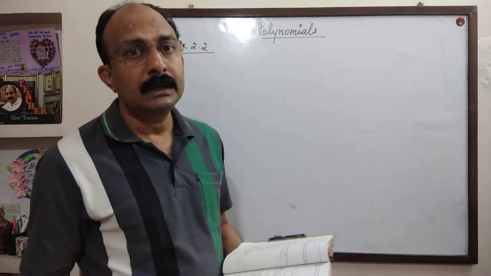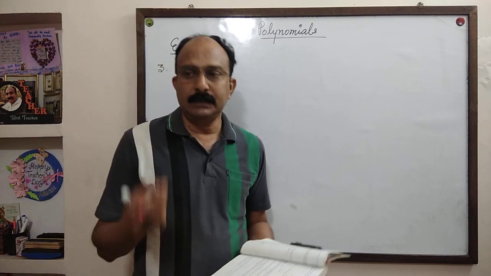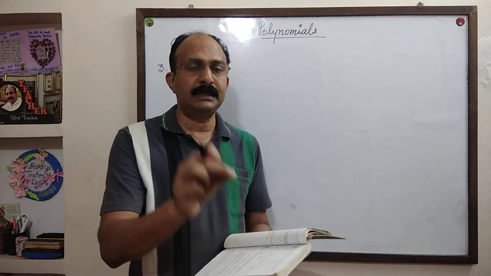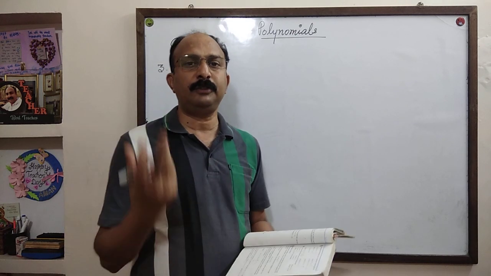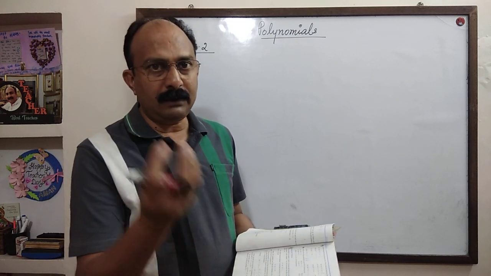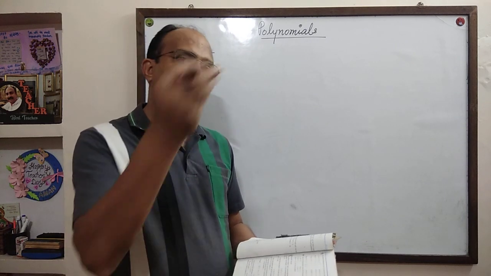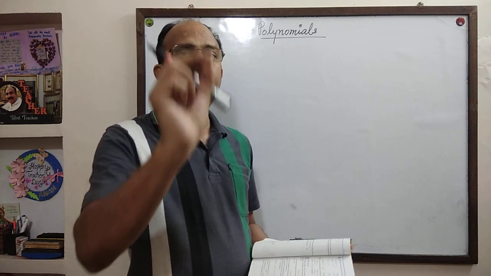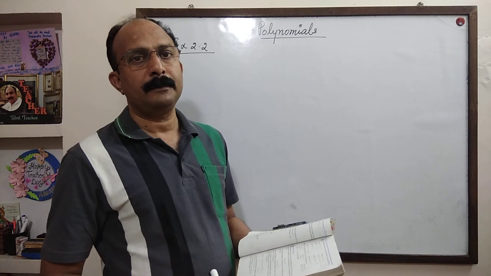We have already studied what we mean by zero of a polynomial. Zero of a polynomial is that value of the variable for which the entire polynomial value becomes 0. So, what are you supposed to do? Take the given values of x indicated against each question and put it in place of x. If the answer is coming 0, then you will write yes, this value is the 0 of this polynomial.